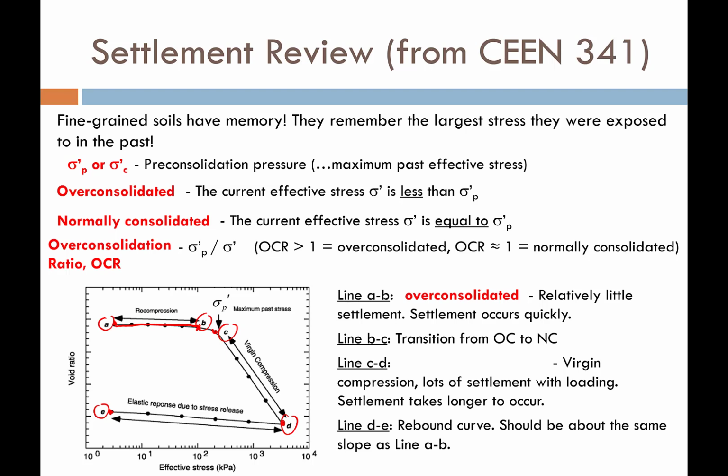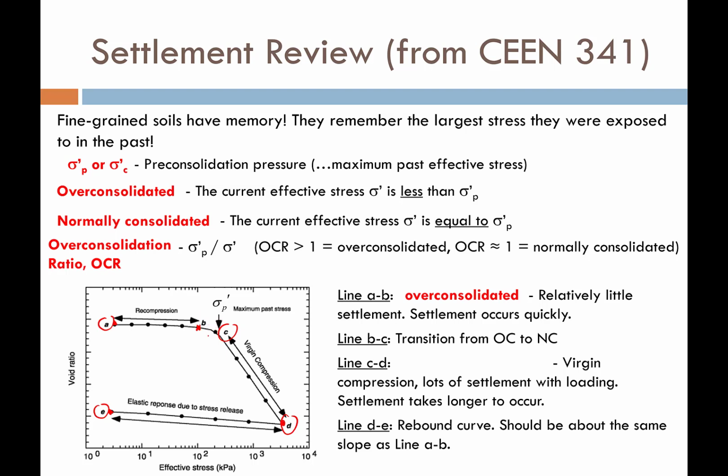Therefore, the change in void ratio with the change in stress is very small, so limited settlements generally occur. Now, from point B to point C, you'll see that there's a transition that's happening. That curve is starting to curve a little bit. So that's the transition from over-consolidated to normally consolidated.